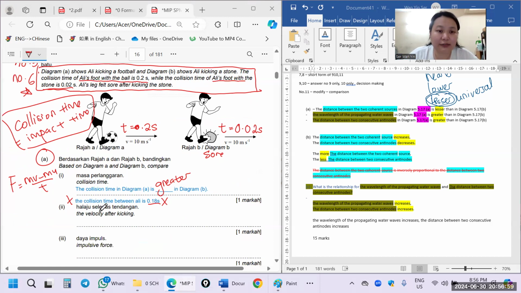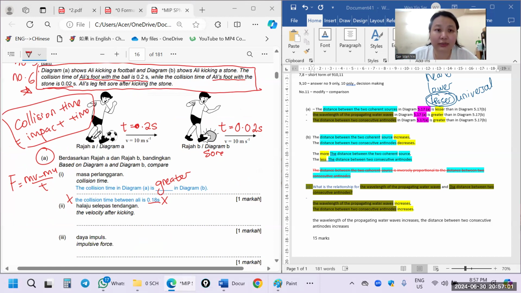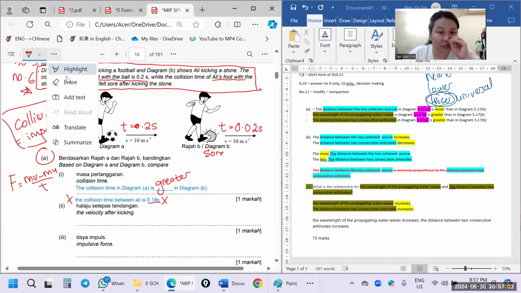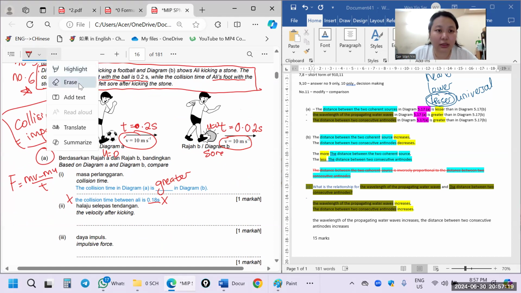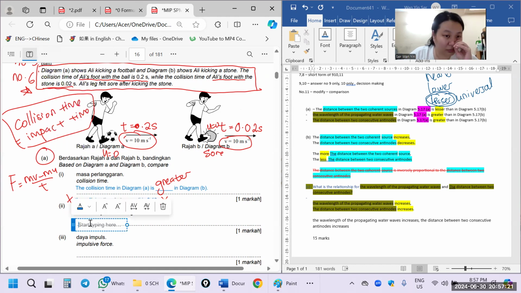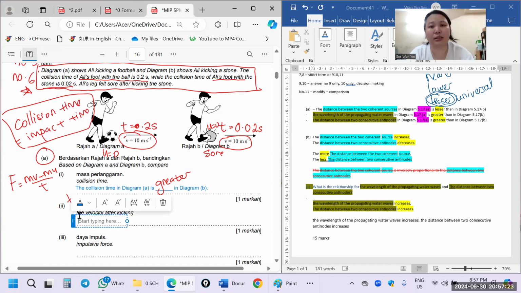Now, what is the velocity after kicking? Before kicking, actually they are stationary. After kicking, they have the same velocity. Same velocity means both are the same.